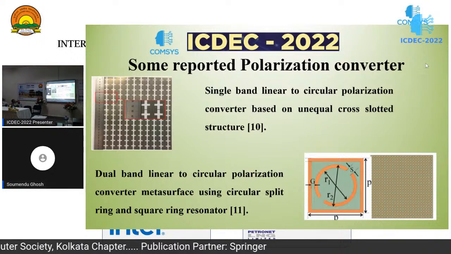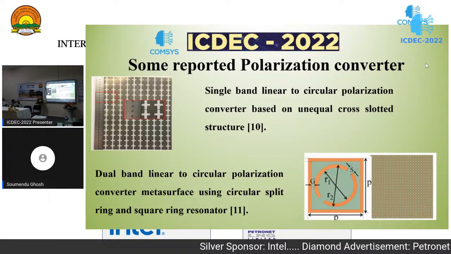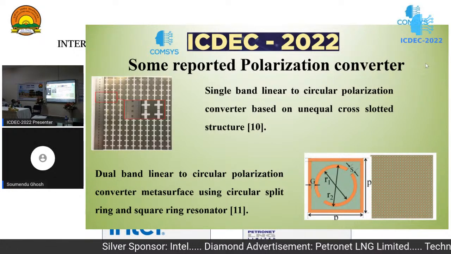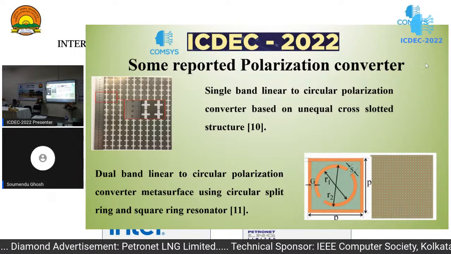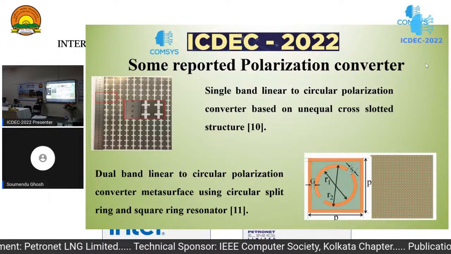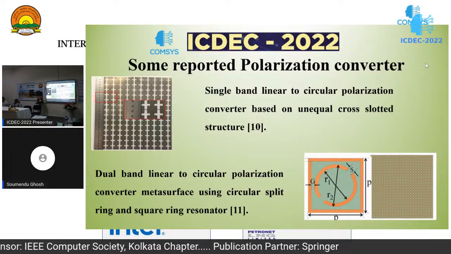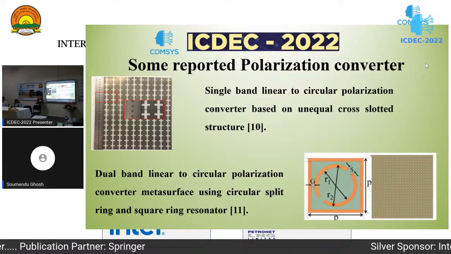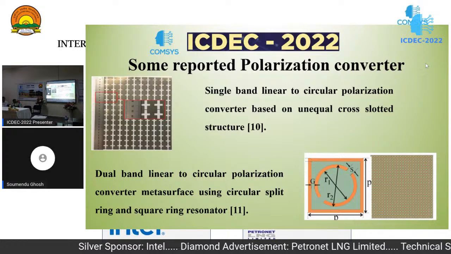But in that linear to circular polarization conversion, the band is very limited. Many polarization converters are focused either on linear to linear polarization conversion or linear to circular polarization conversion. Very few works have been developed in the domain of multifunctional polarization conversion, which can simultaneously perform linear to linear as well as linear to circular polarization conversion.